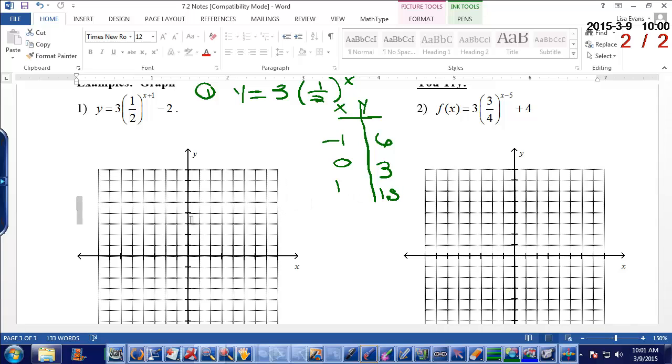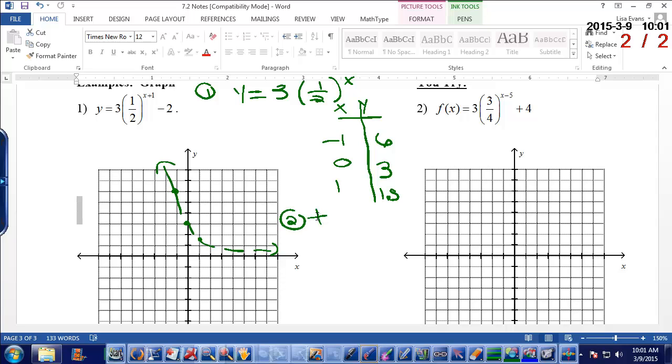Right? Okay. Go ahead, plot this. So I get (-1, 6), and I get (0, 3), and (1, 1.5). Graph it so it's a dashed line because that's not our answer.